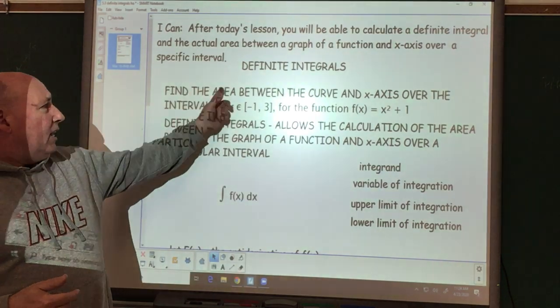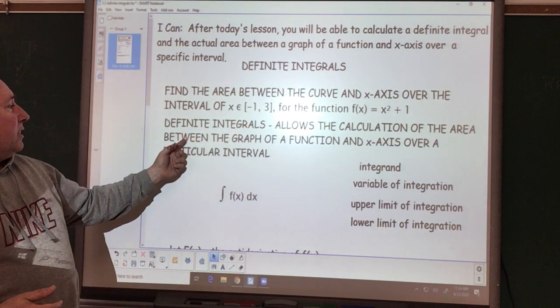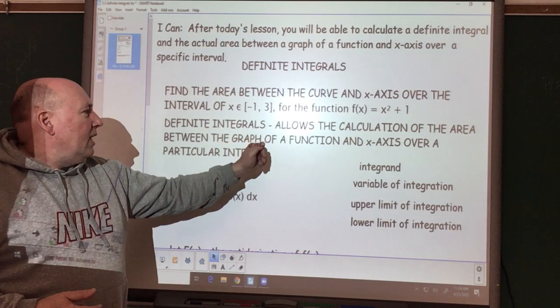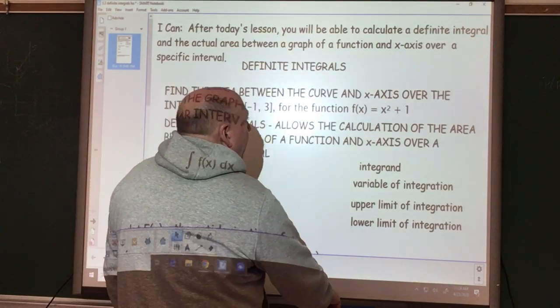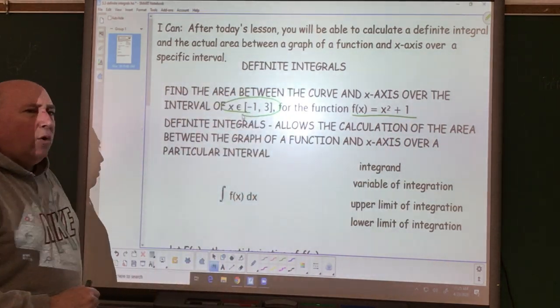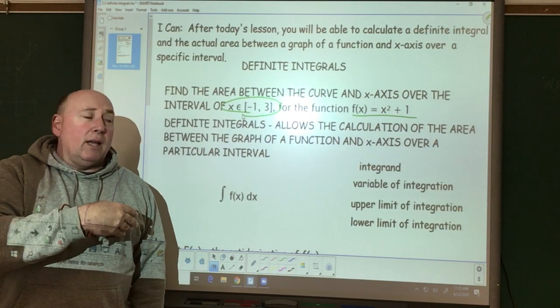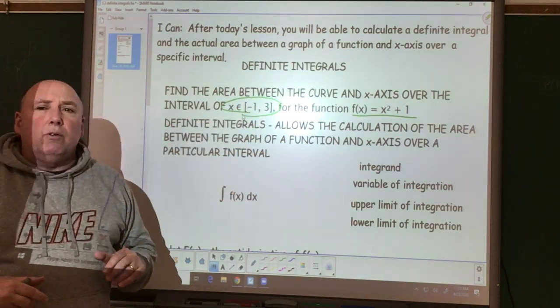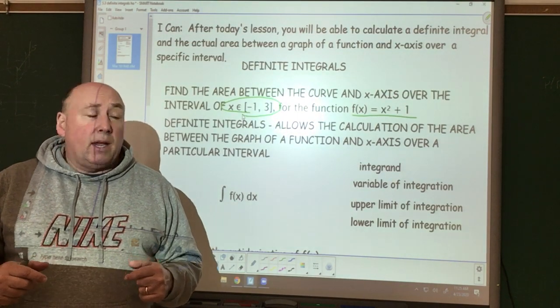The definite integral allows the calculation of the area between the graph of a function and the x-axis over a particular interval. That's basically what we are estimating here. We had this function, we had this interval, and we are approximating this value. This process is what we'll be using to finish out the rest of the school year in calculus.